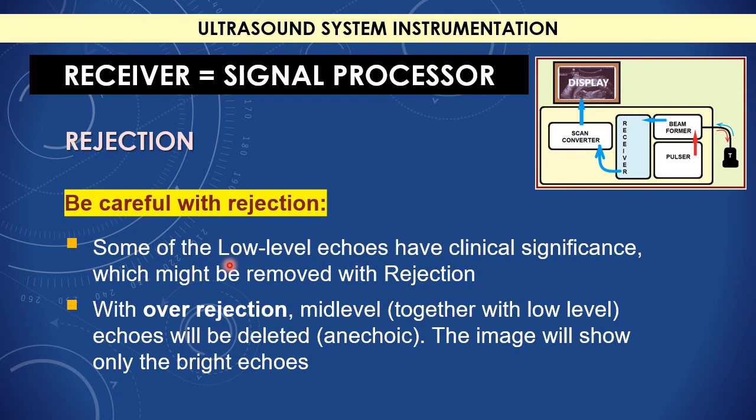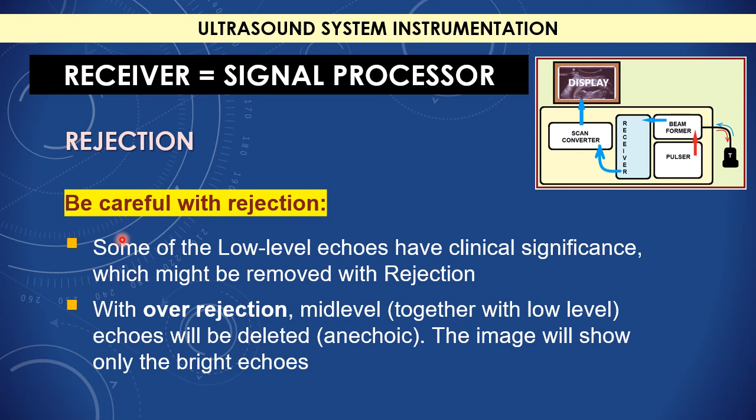They are not noise. So be careful about rejecting the low-level echoes, because you might remove or delete some clinical significance from some tissues. For example, if you have a very dark tumor and you put more rejection, you will convert this tumor into a cyst, right? It will be anechoic. So be careful about this.